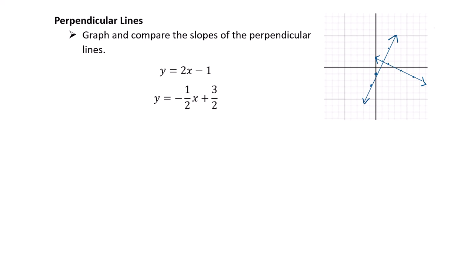And you'll notice that the numbers themselves are reciprocals. So the slopes will always turn out that way. They'll always be opposite in sign and reciprocal numbers.